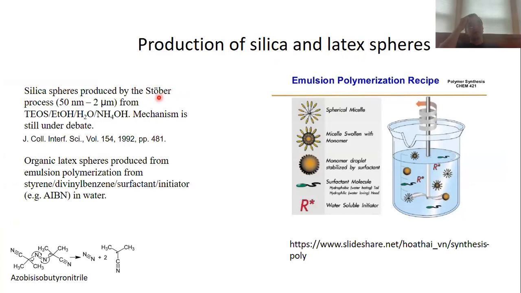Even though very old, this process is still mechanistically not well understood, but it works very well to produce very uniform silica spheres with sizes that can be tuned between 50 nanometers and approximately 2 micrometers.